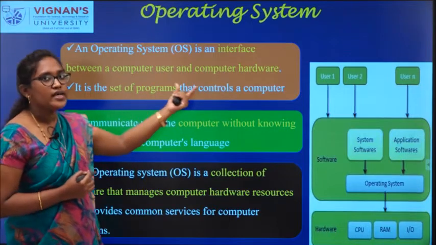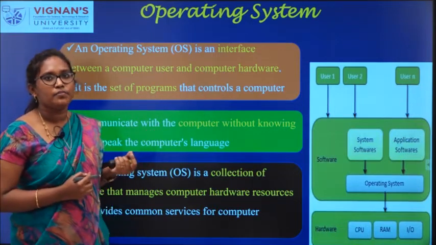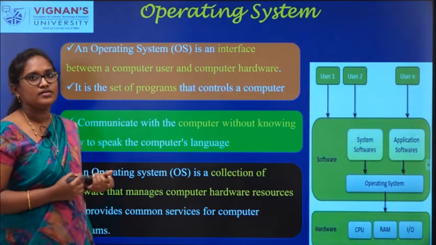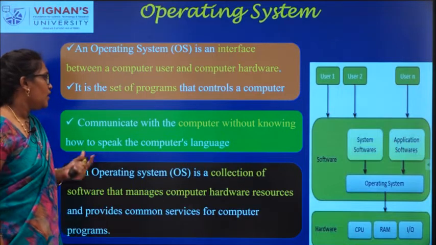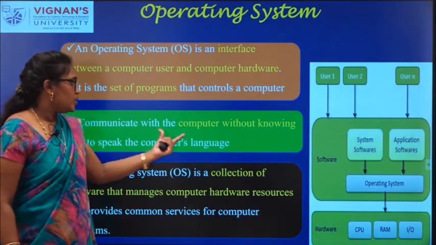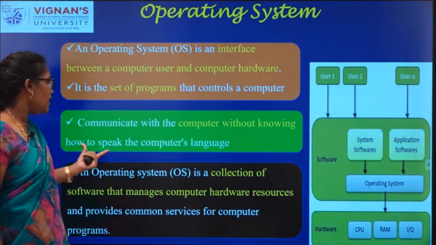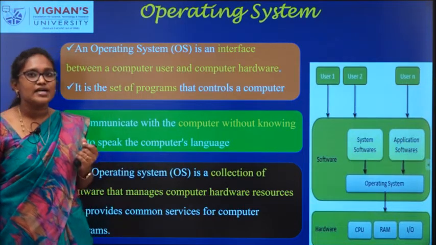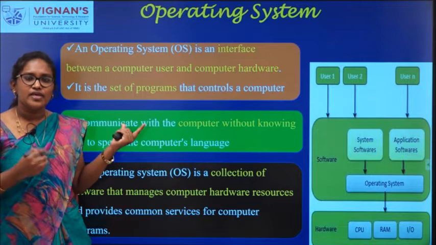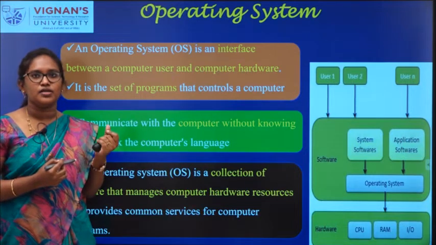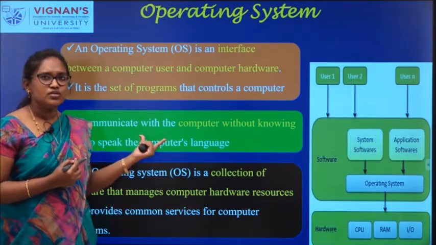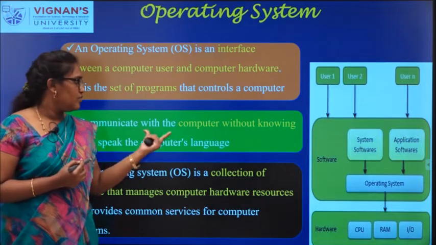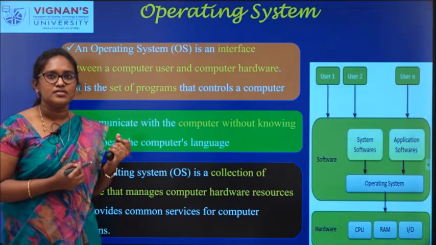That communication is provided to the computer through a set of programs by the operating system. Next, it communicates with the computer without knowing how to speak the computer's language. What does this mean? We can communicate with the computer even though it doesn't understand our language, with the help of the operating system.